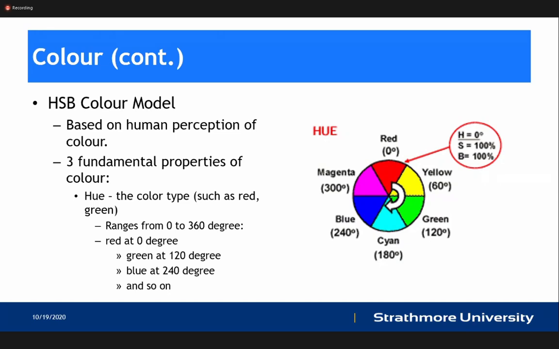Red will take a portion, yellow will take a portion. But as you travel through any hue, its intensity changes from low intensity to high intensity.